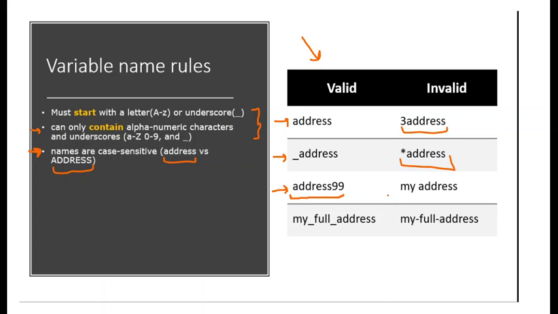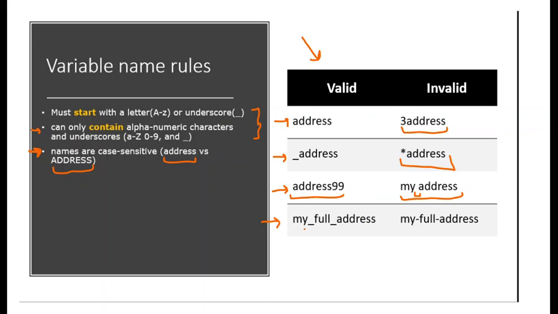What about my address here? Well, this one is clearly invalid. Why? Because it contained a space, and the space in programming is considered a character by itself. And when it comes to variable naming, we can't use spaces. All right. Fourth example, my_full_address.